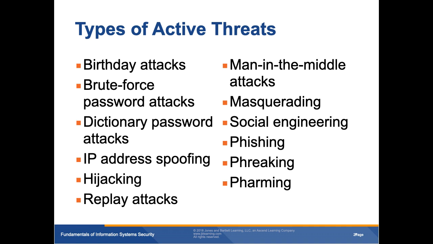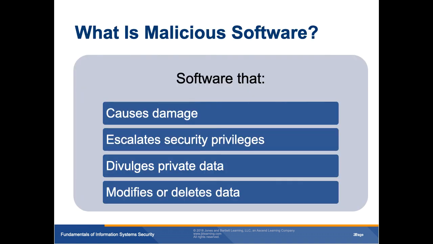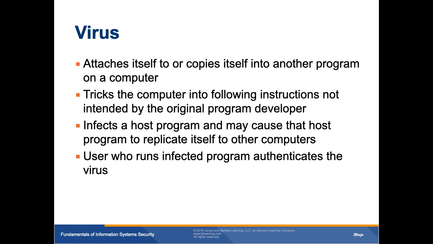And then pharming is the practice of directing users to a bogus website that mimics or appears to be a legitimate website in order to obtain information such as passwords or accounts. And malicious software is software that causes damage, or escalates somebody's rights, divulges private data, or modifies or deletes data.